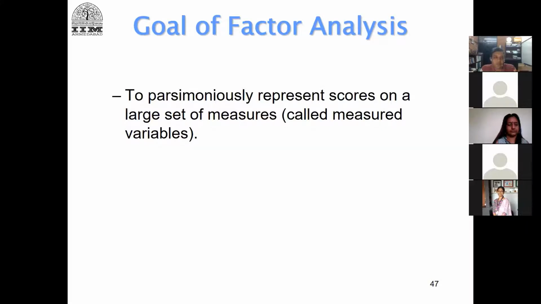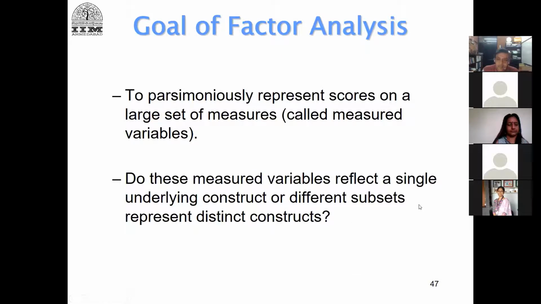So we want to see which items load onto one factor, which are the items of our measure that load onto a second factor, which are the items that load onto a third factor, and so on. That is what we are trying to do through factor analysis, right? And do these measured variables reflect a single underlying construct or different subsets representing distinct constructs or subdimensions of the construct?